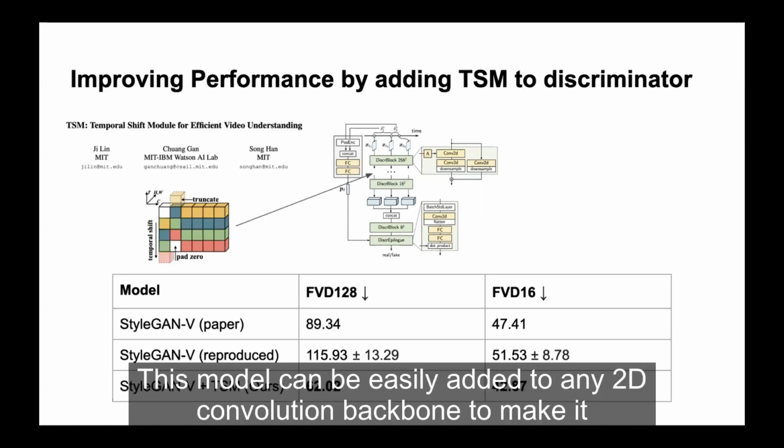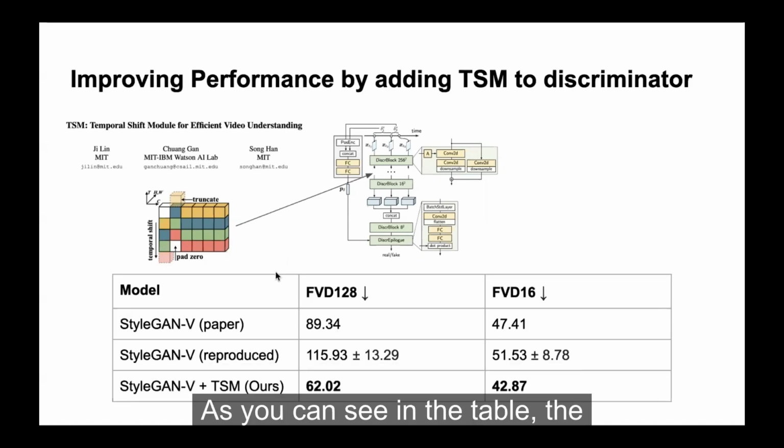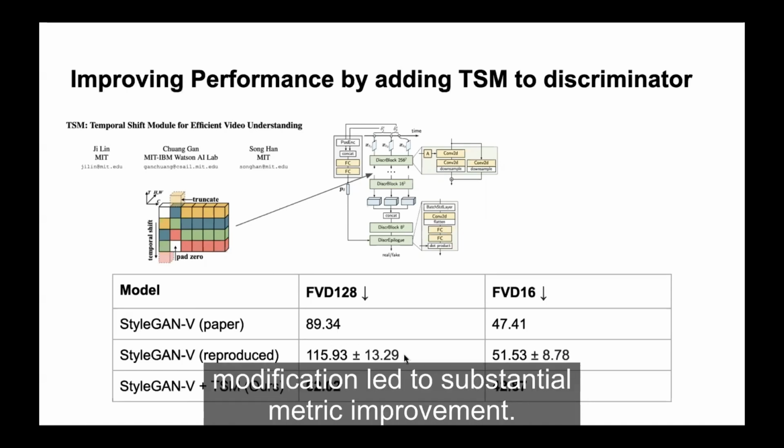And this module can be easily added to any 2D convolution backbone to make it able to model temporally without any extra parameters. And as you can see in the table, the modification led to substantial metric improvement.